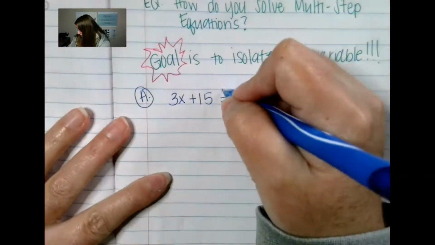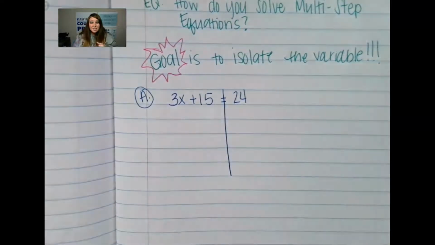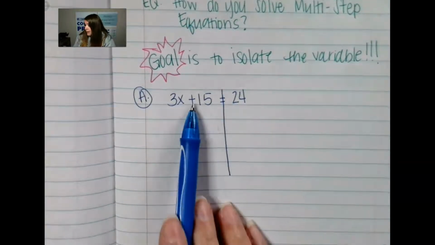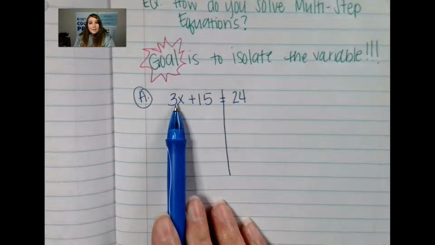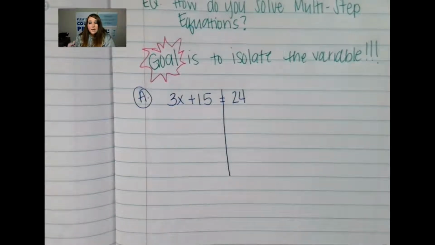We need it to stay the same. However, it's not just a one and done, because in this problem, we have two different operations happening. First, we have addition, and we have multiplication. So the whole goal is to isolate that variable.